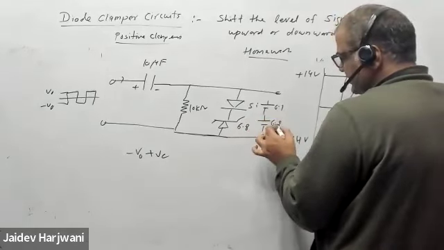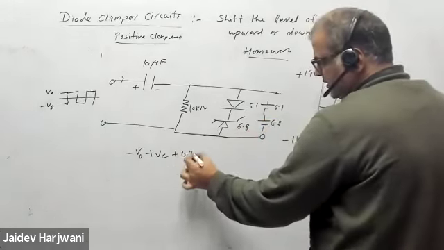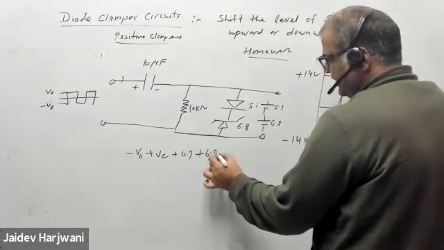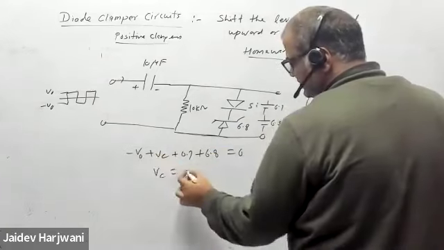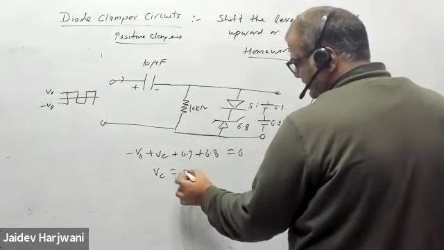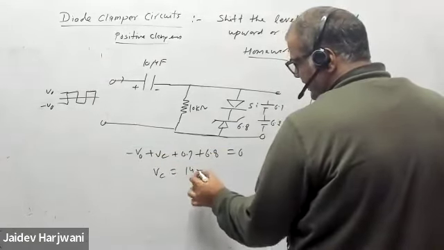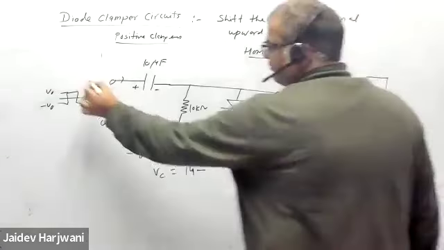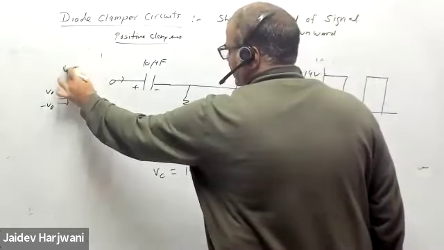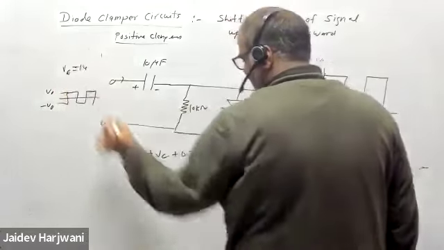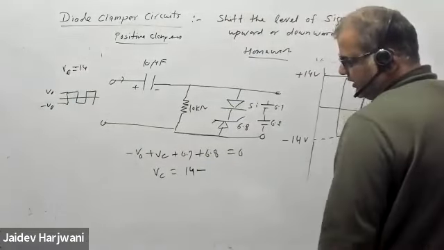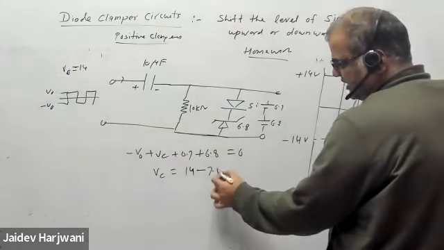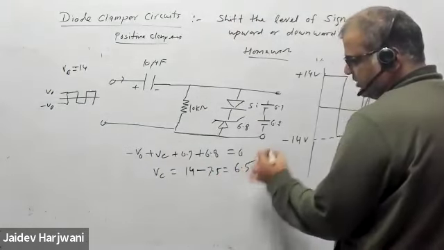So 0.7 plus 6.8 equals 7.5. So VC will come now. V naught is plus 14, minus V naught is 14. 14 minus, ये कितना हो जाएगा बताओ? 6.8 and 0.7, 7.5. So it will come how much? 6.5.